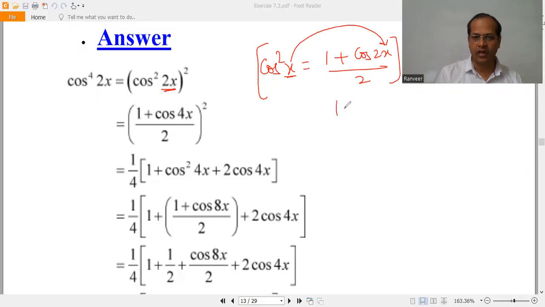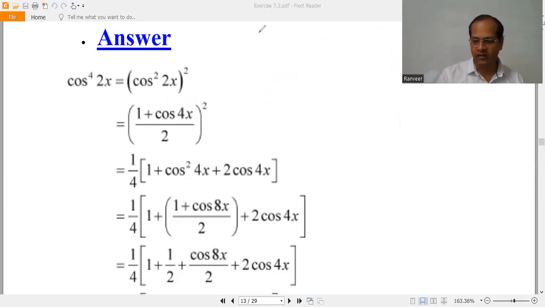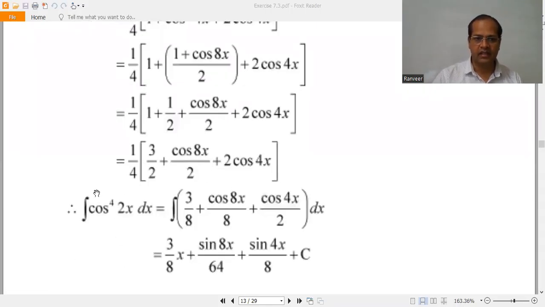So here x is just double, cos 2x. So here we can write 1 plus cos square 2x, we can write here 1 plus cos. This is important. After that, we just have to apply a plus b whole square and convert first into the corresponding value. And this is the value after doing the a plus b whole square.